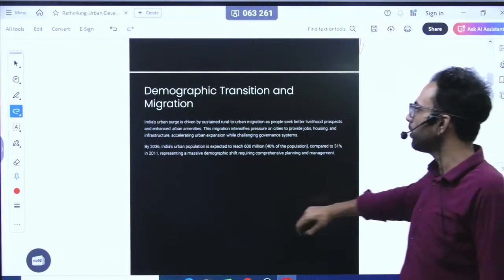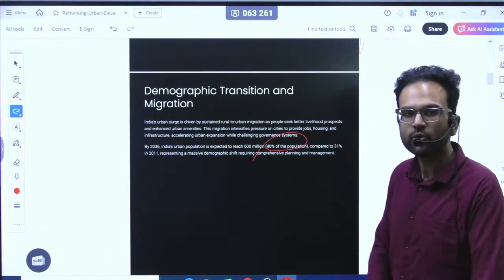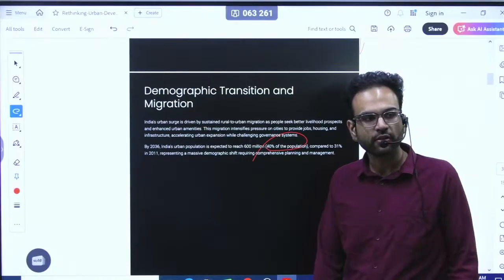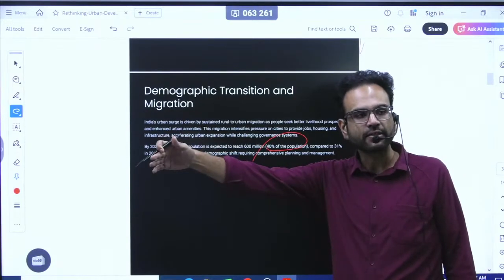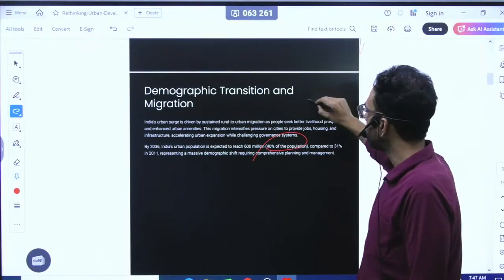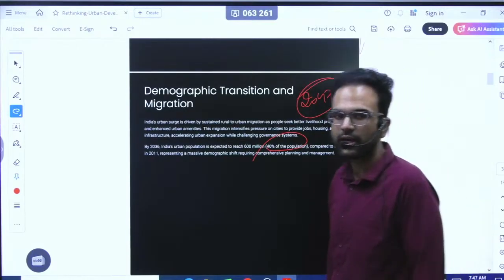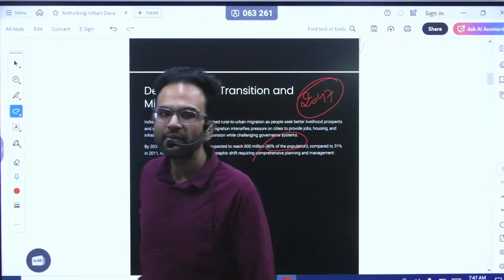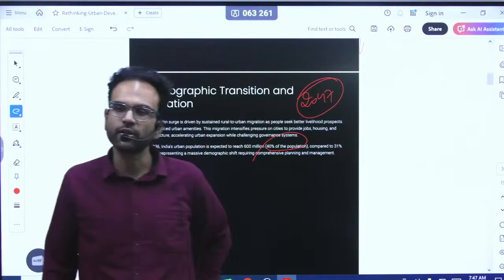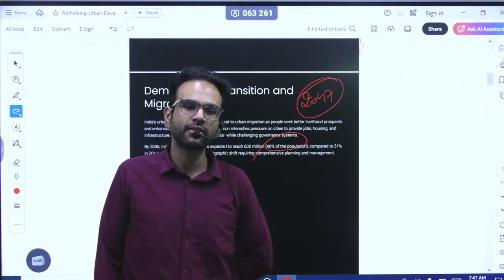So we are talking about a demographic transition where 40% of the population is trying to be accommodated into the cities. That number is only going to increase as we age further. By 2047, the 100th year of our independence, we are expected to have at least 50% of our population residing in cities and contributing to almost 75% of the GDP.